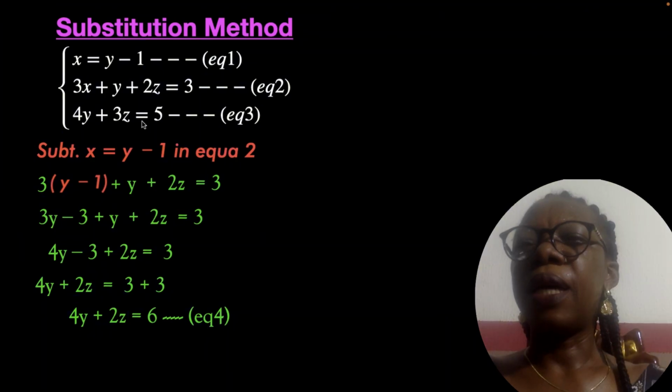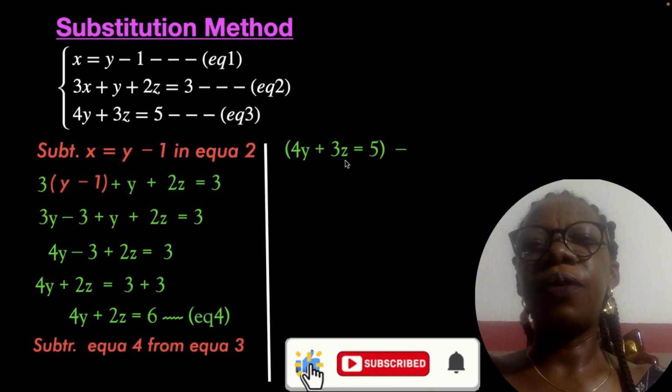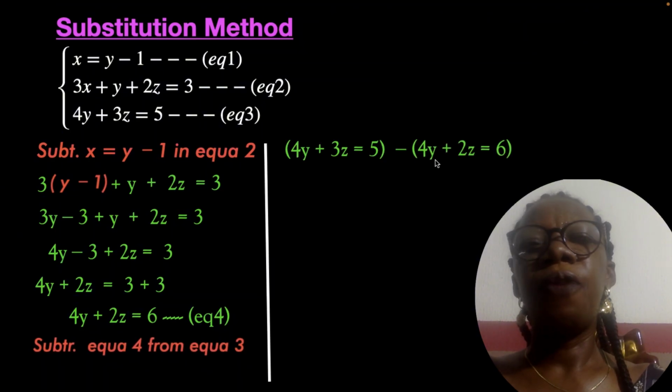Right. We can subtract equation 4 from equation 3. When we subtract equation 4 from equation 3, we eliminate 4y. That's okay. 4y plus 3z is equal to 5, minus 4y plus 2z is equal to 6, that is equation 4.